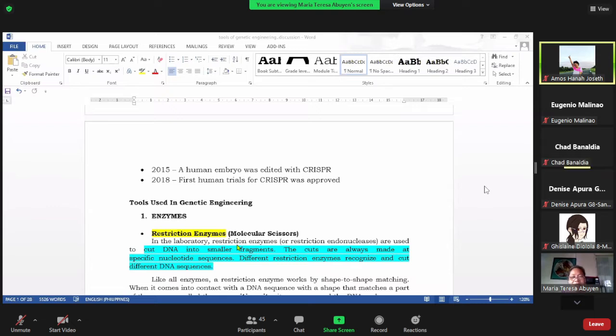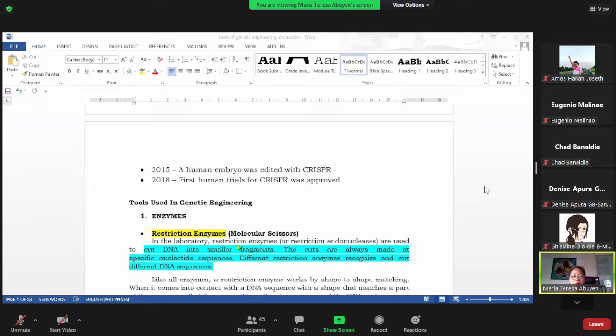Definitely not. So what the scientists did, they used the enzymes to cut a segment of a DNA molecule, or to cut a part of a DNA molecule.